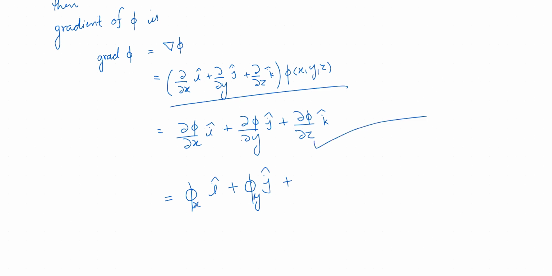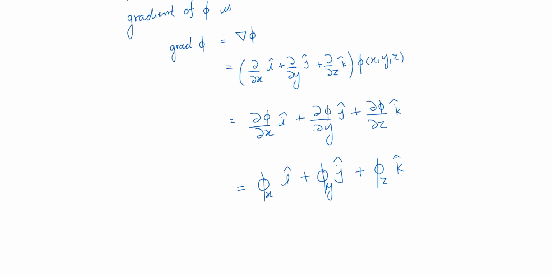These terms can be written as phi z into k. Got it? This is the formula for grad, the gradient of phi, which we can write in this way also.